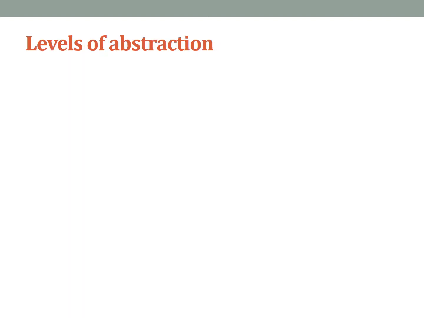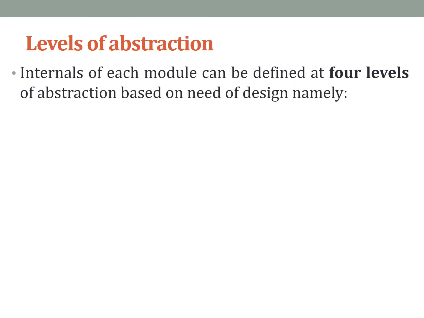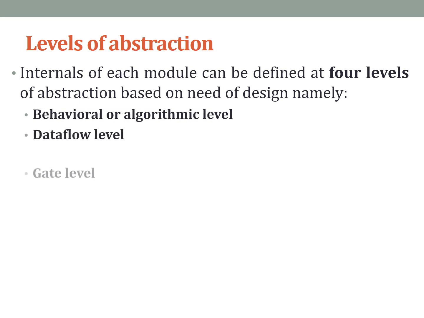Now, the internals of the module can be written at various levels of abstraction. Verilog supports 4 levels of abstraction, namely the behavioral or the algorithmic level, the data flow level, the gate level, and the switch level. These are the 4 basic levels of abstraction at which we can write the internals of a module.